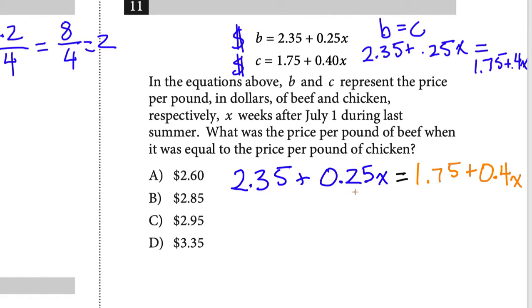Your tip for the SAT or the PSAT is you don't need to show your work on this. If you can do this in your head and say minus 0.25x on both sides, then I'm going to write 2.35 is equal to 1.75 plus 0.15x. If you can't do that in your head, then obviously you might need to show your work.